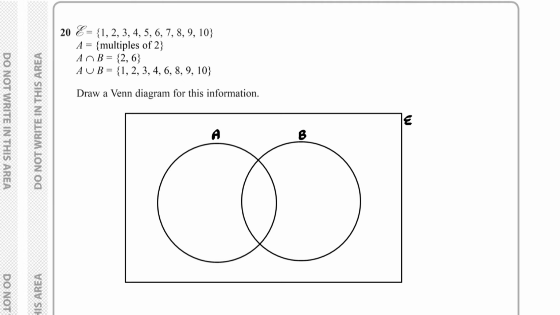So here is our Venn diagram. We've got A and B. Now we know that A and B is 2 and 6.